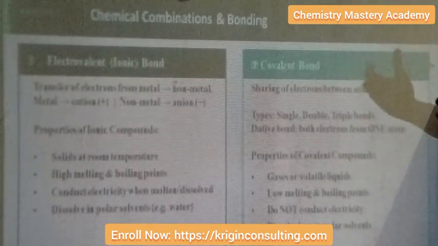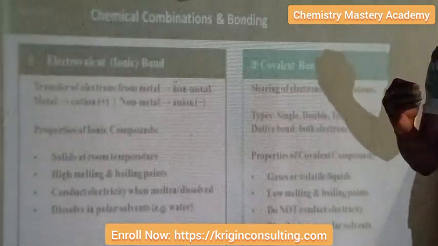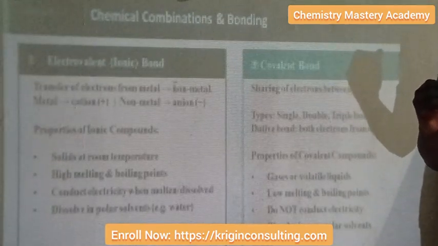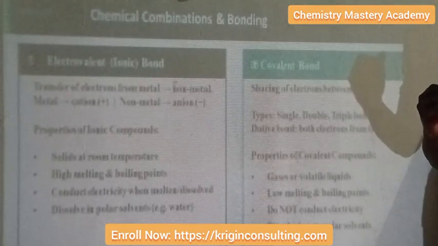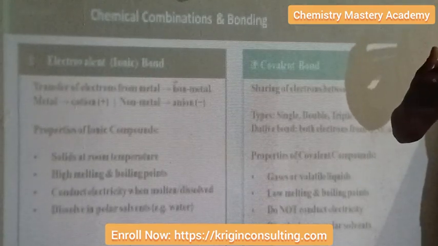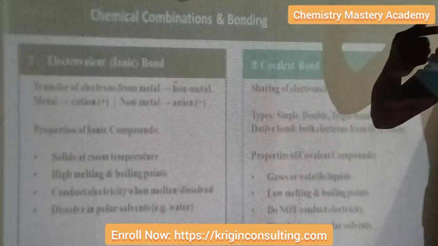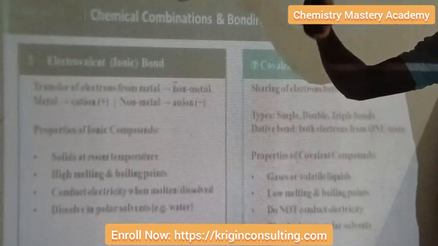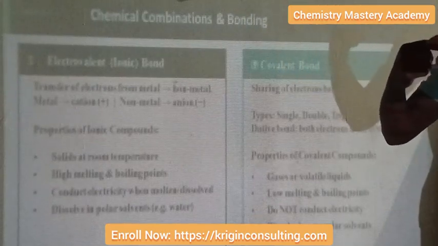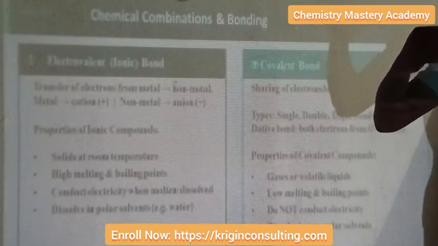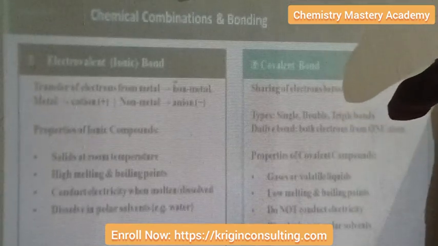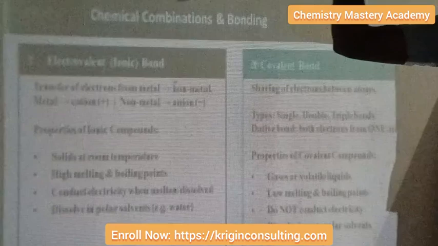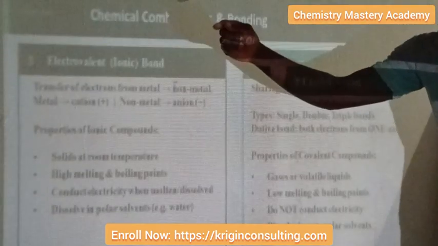Electrovalent bonding involves an element that is transferring electrons from its outermost shell to another element.